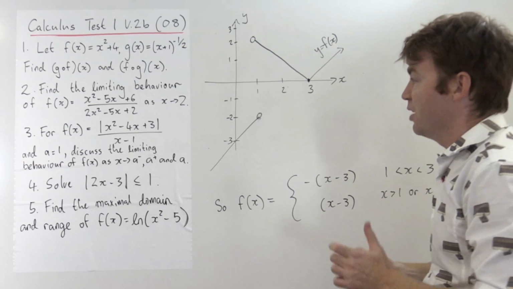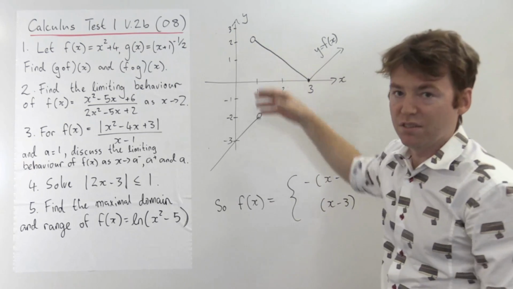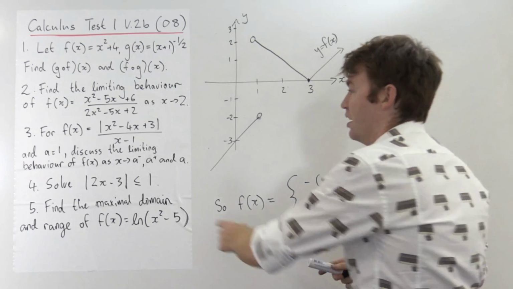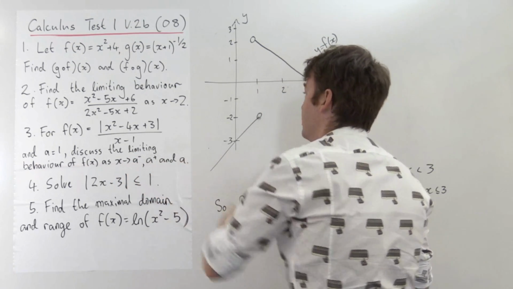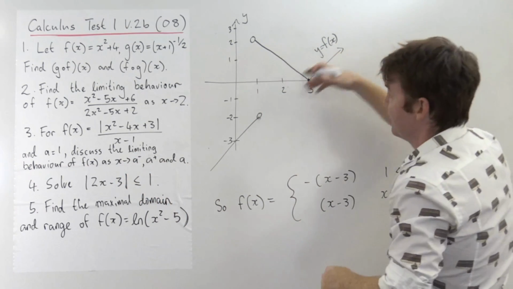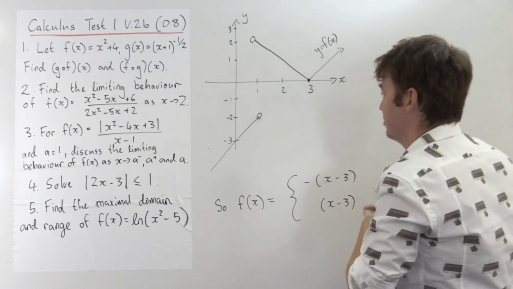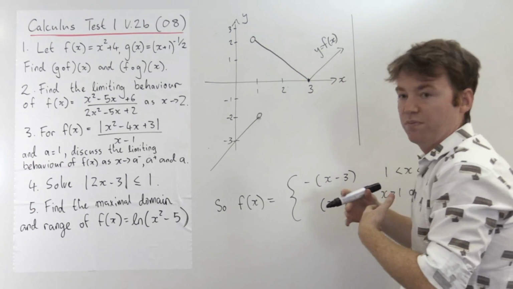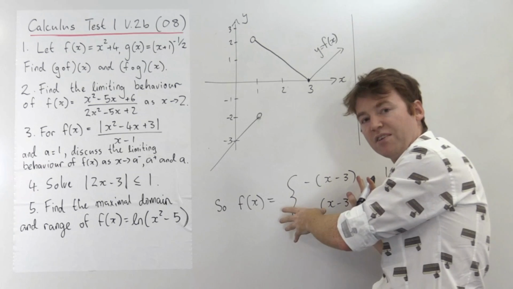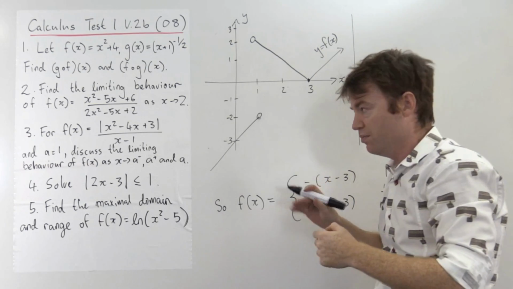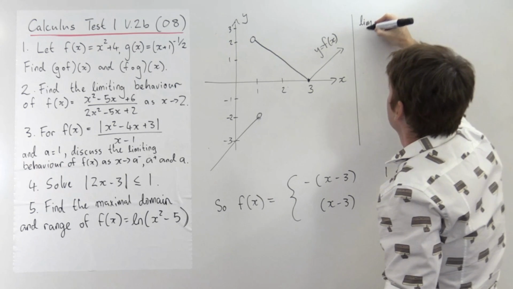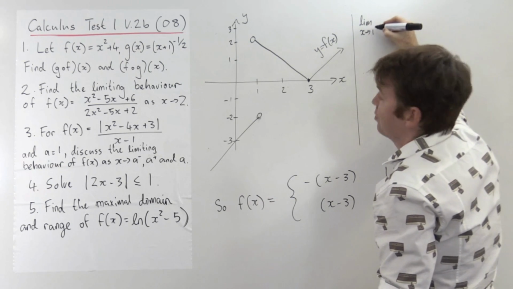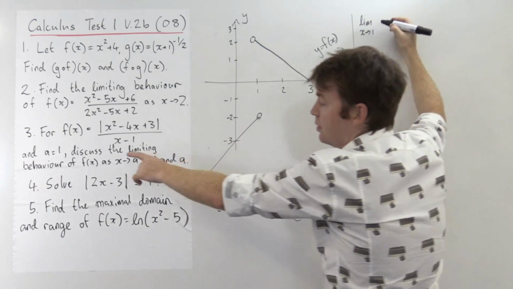Good. And we're asked, you wouldn't need to necessarily draw a picture to go with this, to find the limiting behavior as x approaches 1 from below, above, and then at 1. Well, it's pretty clear from my picture what's happening here, but once you've got a handle on what f of x is, you can just omit the picture if you want to, and just say the limit as x approaches 1 from below, first.